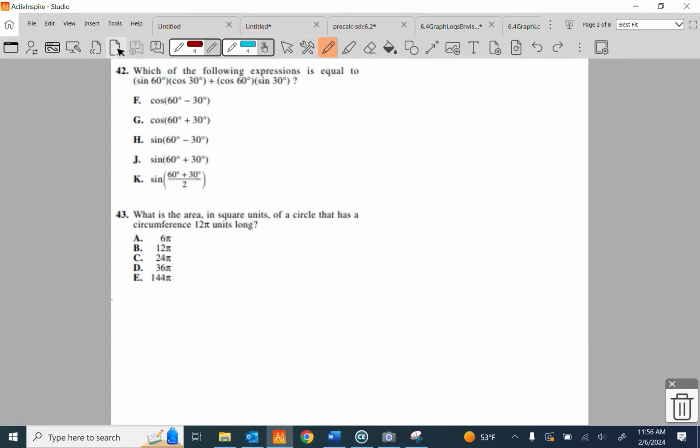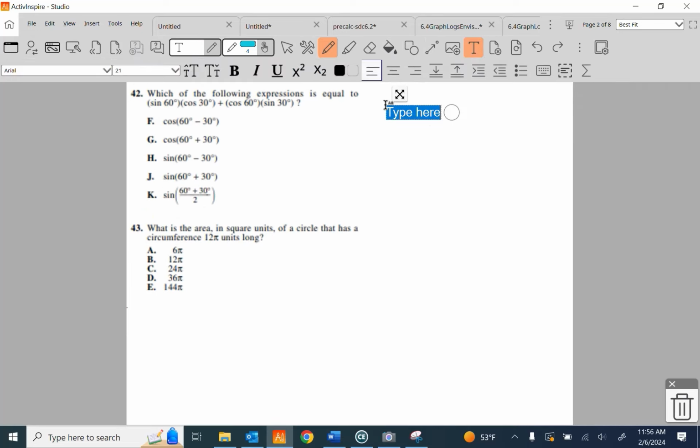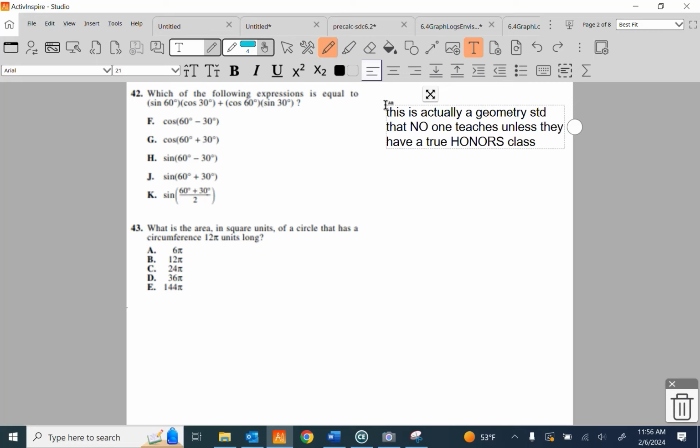42 is something I teach in trig. And you're going to find this kind of funky, but this is actually a geometry standard that no one teaches unless they have a true honors class. Some of you guys have titles of honors, but whatever. A true honors class.